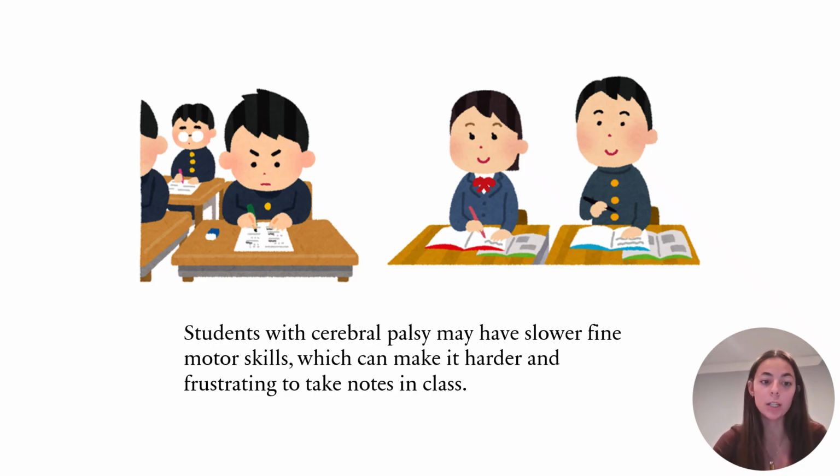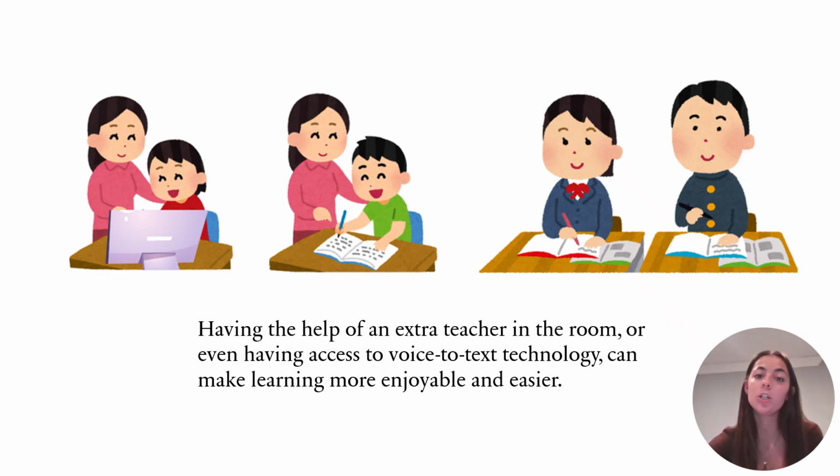So the accommodation is to have a teacher with the student, maybe helping them write, or if they can't write, having speech to text technology. That can make it more enjoyable for the student to learn, and they are able to pay attention in class and not worry about falling behind or if their handwriting is good, or about what other students are writing down, and just focus on getting theirs done and enjoying what they're learning in class.